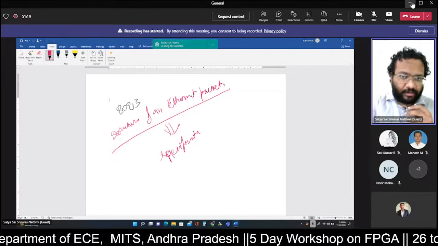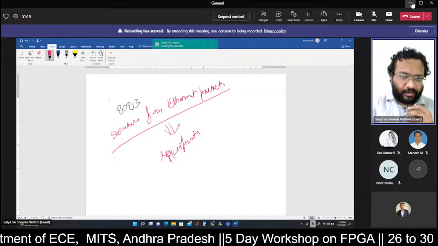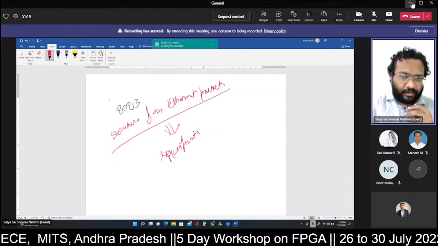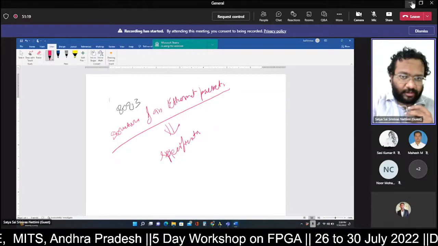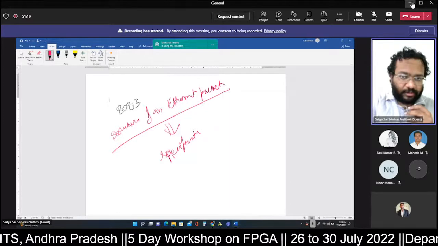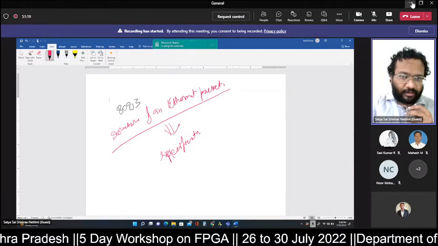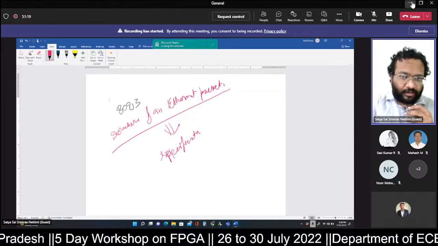After that, the sequential state register logic, which we also call the present state logic.